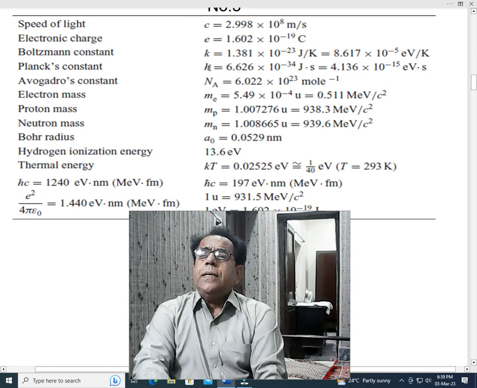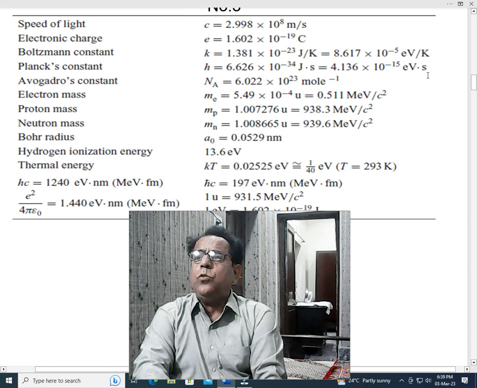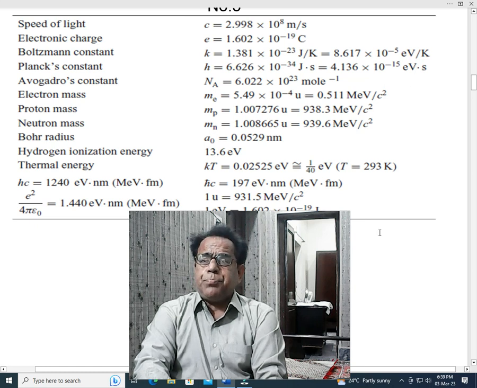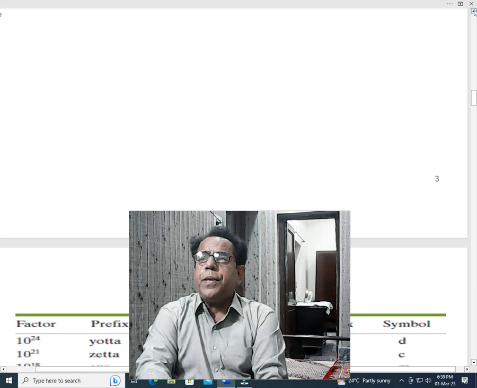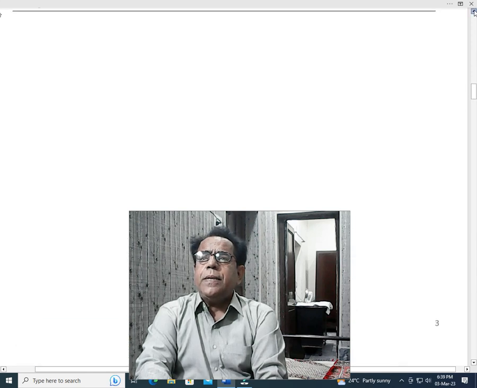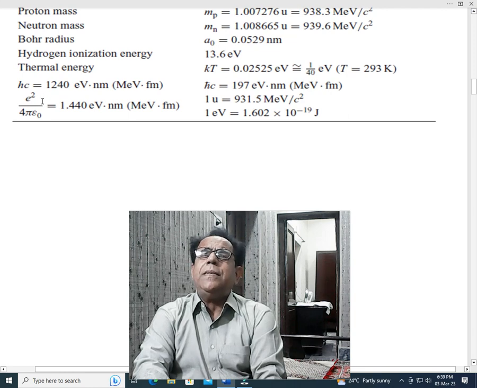Sometimes we will apply the first value in terms of joule second, and sometimes the second value in terms of electron volt second. Moreover, in the last row hc is also given, but even if it is not given, we can find it out.